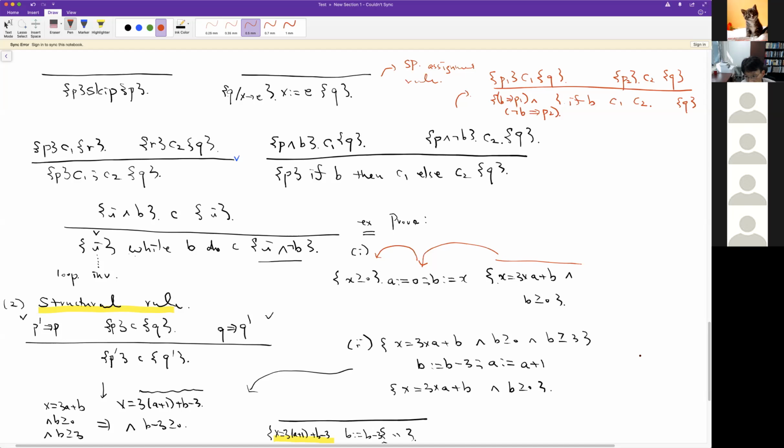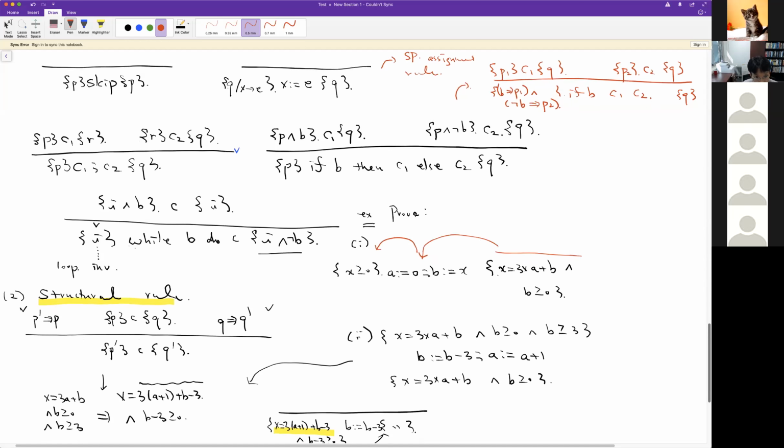Also in program analysis, there are forward analysis and backward analysis. They are possible because we are not working on a single state; we are working on assertions, which essentially means sets of states. So the logic is for proving properties, but it is also useful for generalizing the view of execution.